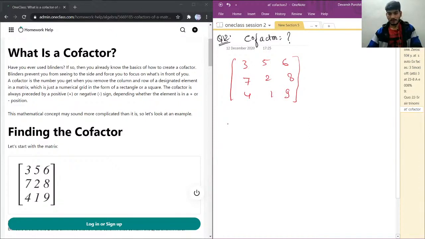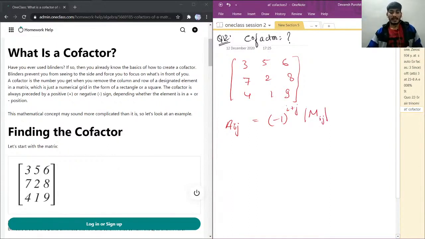The formula was capital Aij is negative 1 to the power i plus j, times the determinant of the minor Mij.